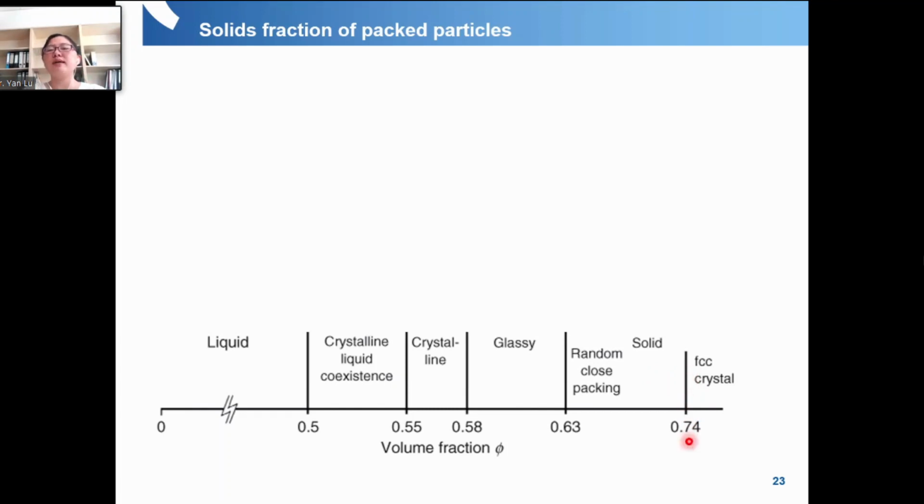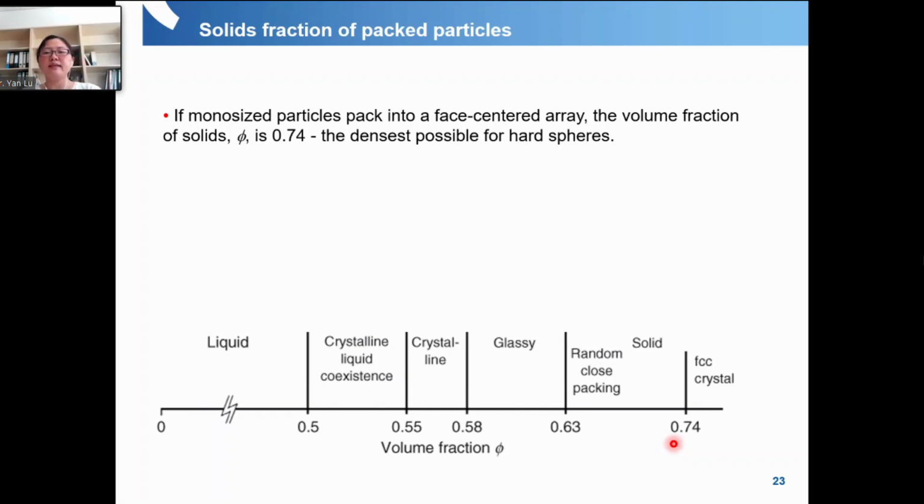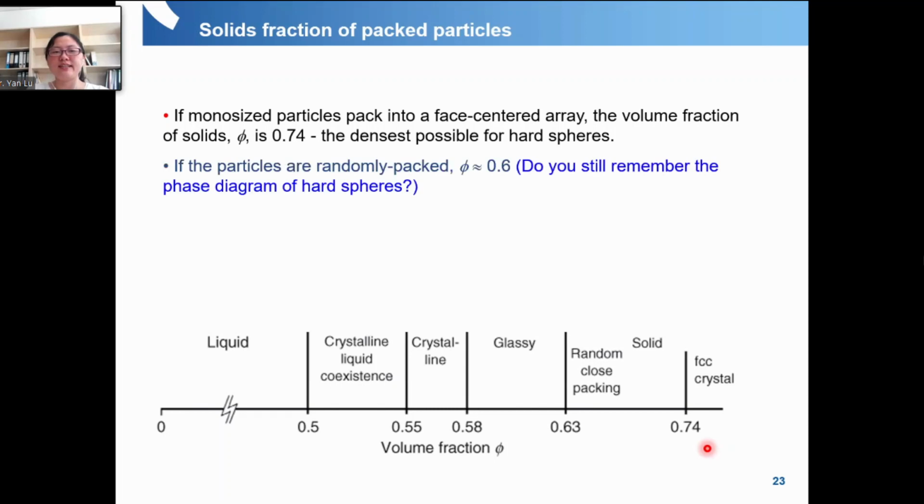So the maximum volume fraction you can reach for these colloidal particles is 0.74. If monodisperse particles pack into this FCC crystal, you have a volume fraction of 0.74. This is the densest possibility for hard spheres you can pack together.